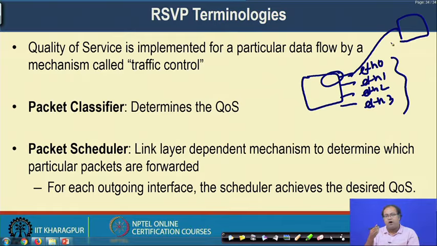That is why for every interface you need to apply this queuing mechanism. The routing algorithm will tell you in which outgoing interface the packet needs to be forwarded, and then in that particular outgoing interface you run the queuing mechanism to serve all the packets which need to be forwarded to that particular interface.